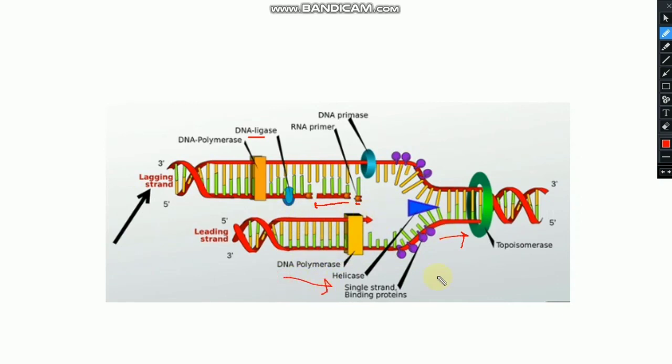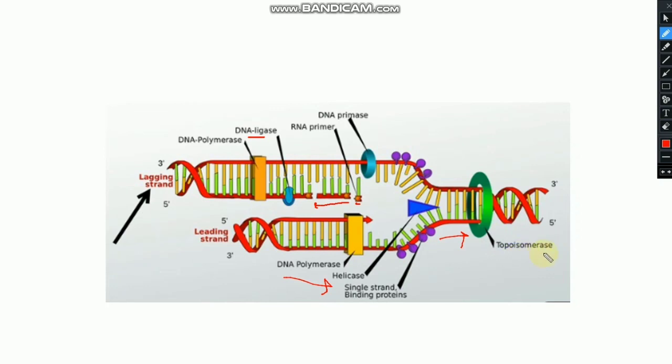So alright, another thing is that here are also single-stranded binding proteins, and their main job is to protect the DNA strand from cleavage. And another important key enzyme that works here is topoisomerase.